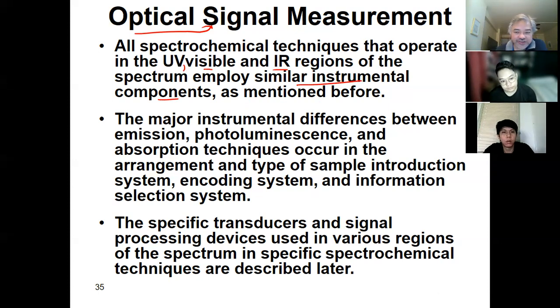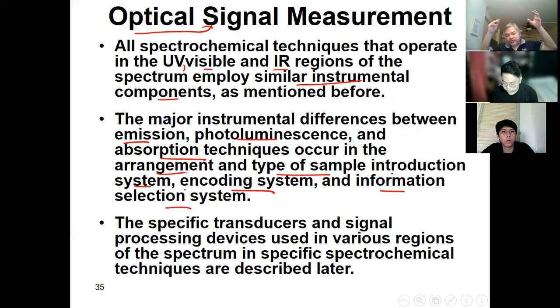The major instrumental difference between emission, photoluminescence, and absorption techniques is in the arrangement and type of sample introduction system, encoding system, and the information selection system.